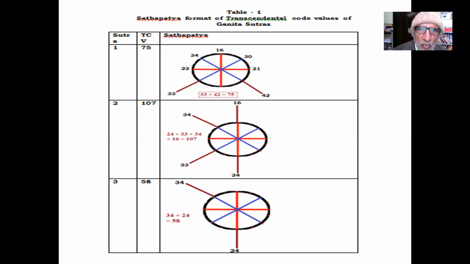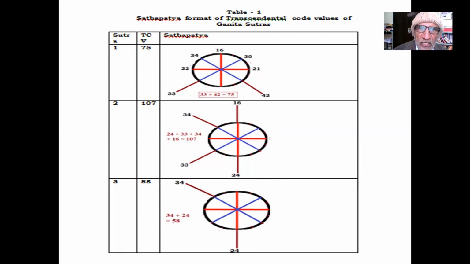The transcendental code value of Ishan Kon is 33 and of Nairitya Kon is 42. 33 plus 42 is 75. Therefore, the manifestation of the transcendental code value of the text of Ganita Sutra 1 Ekadhiken is a 2 subdirectional format, Ishan Kon and Nairitya Kon.